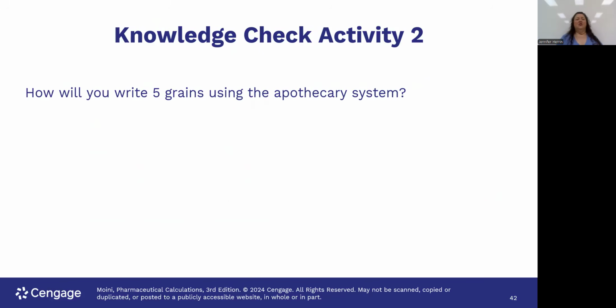So here we have another knowledge check. How will you write 5 grains using the apothecary system? Give you a minute to figure that out.